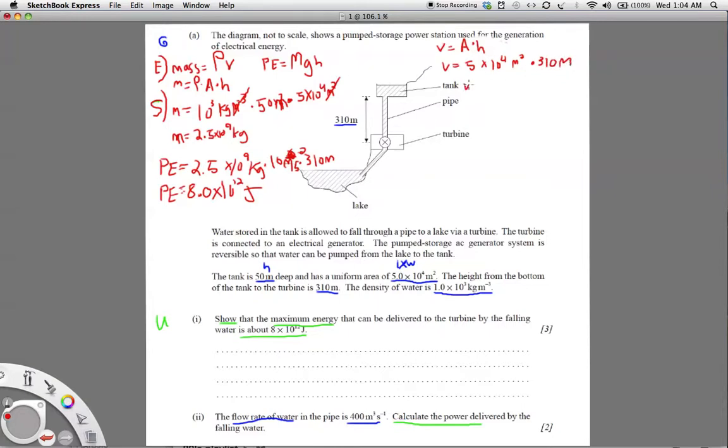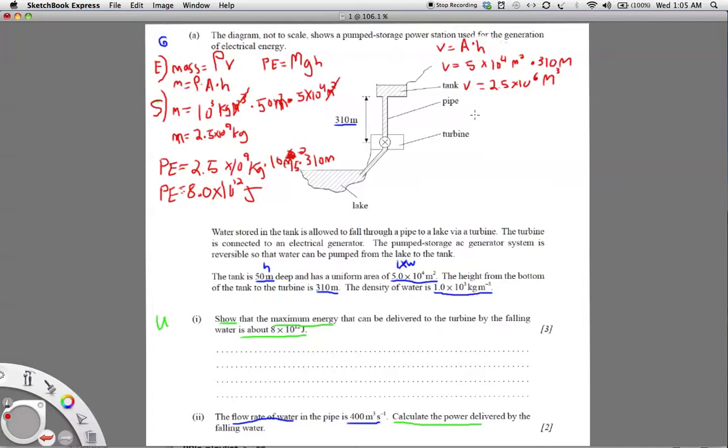V is equal to 2.5 times 10 to the 6th meters cubed.